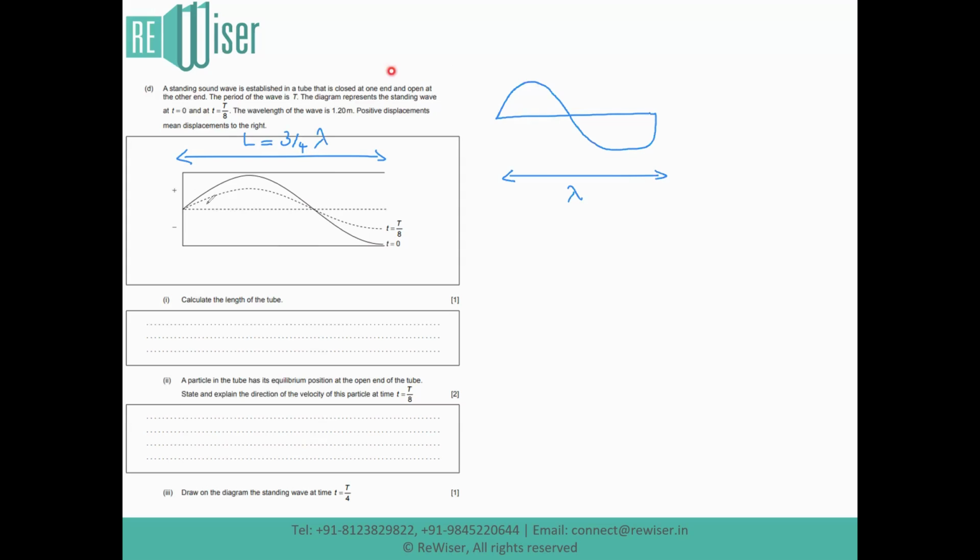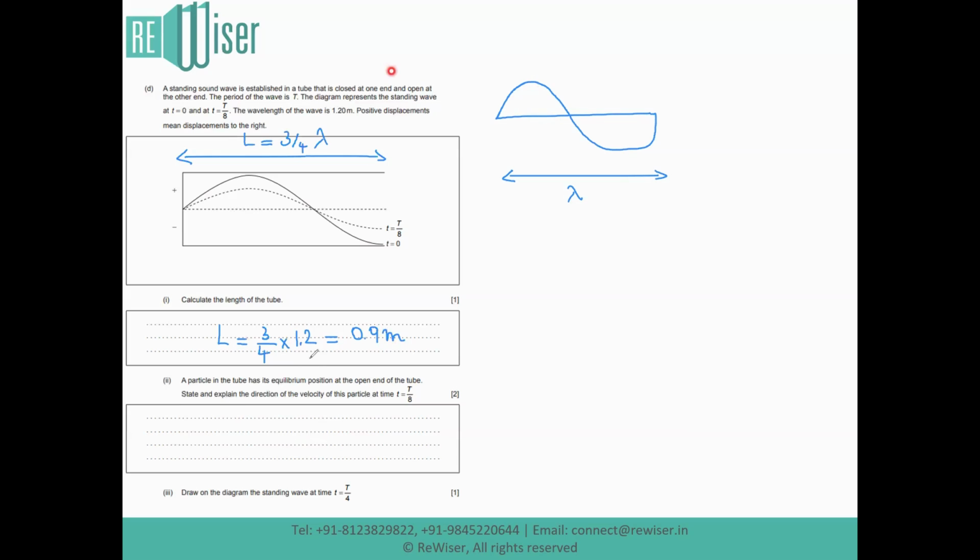Since the length is equal to 3/4 of a wavelength, and the wavelength is 1.2 meter, we know that L is equal to 3/4 of 1.2 meter, which gives the value of L to be 0.9 meter.